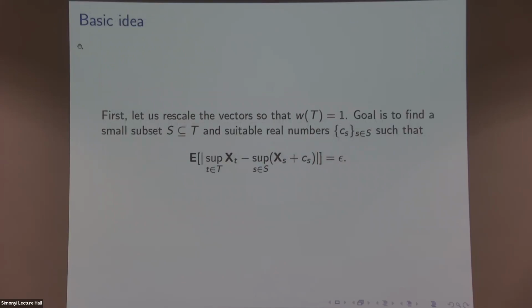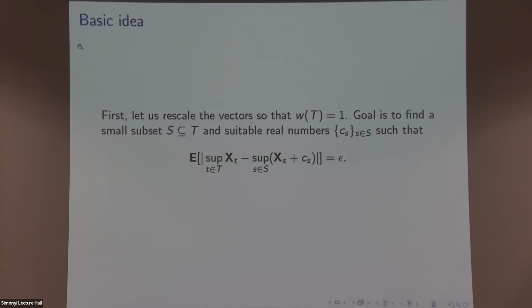So first thing I'm going to do is rescale all my vectors so that the Gaussian width becomes 1. I'll choose whatever the Gaussian width is as my rescaling constant, so that when I look at this new Gaussian process, the Gaussian width becomes 1. So now I have a Gaussian process, potentially with infinitely many vectors, whose expected sup is 1.